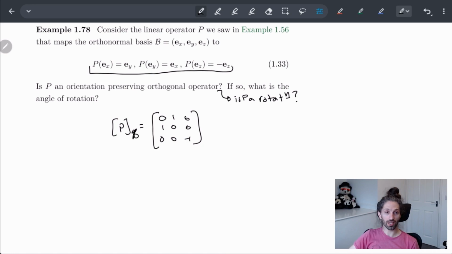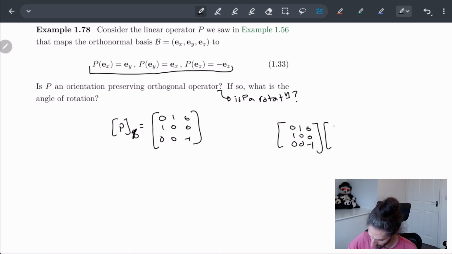Now, can we check if it's orthogonal? It's not too hard to see. You just have to multiply by its transpose. Let's do this on the side. The transpose is actually the same thing, nice and easy. So let us multiply.